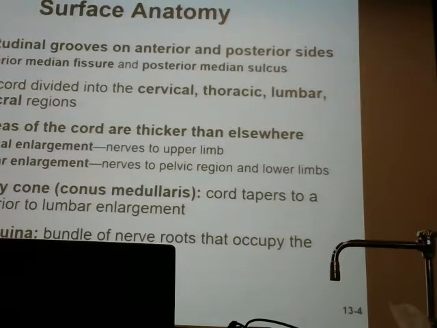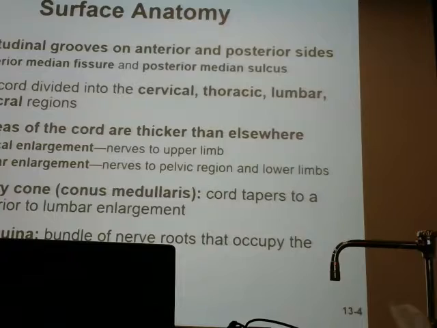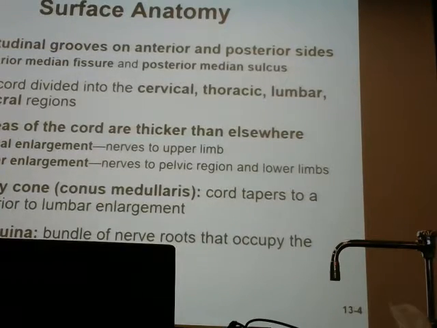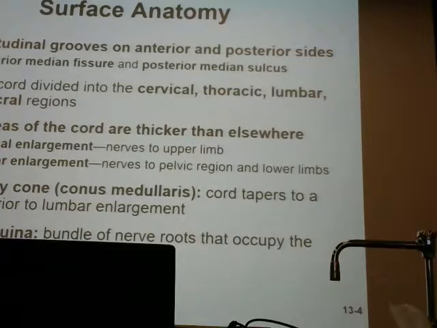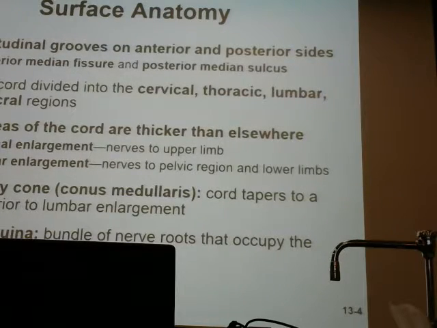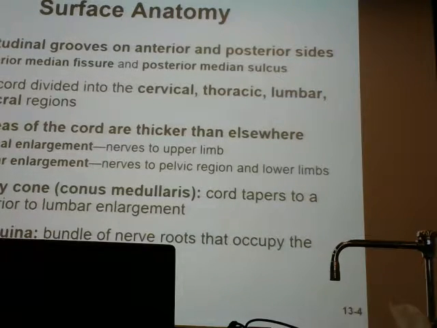Those are the regions that we have for the spinal cord. We find enlargements in 2 places. We've got one in the cervical region, one in the lumbar region. A huge enlargement at the cervical region.